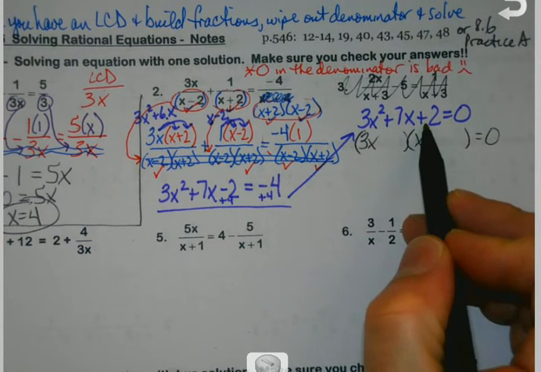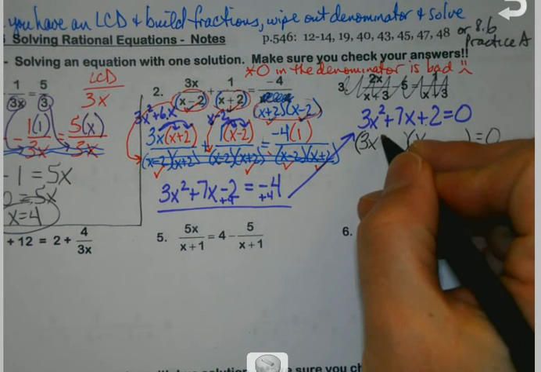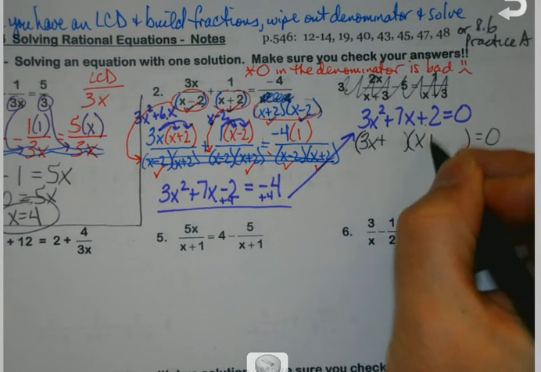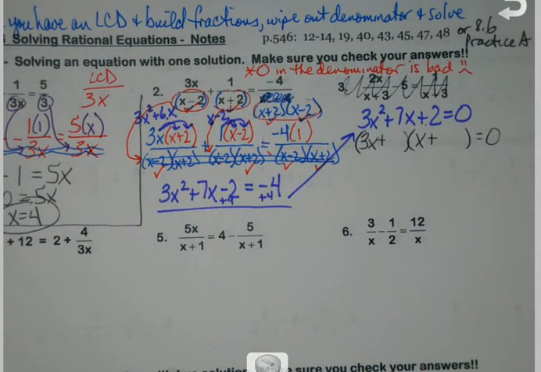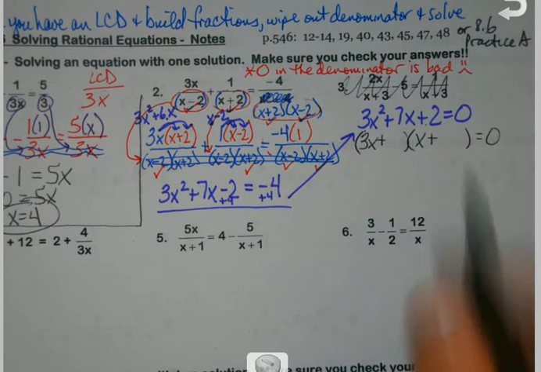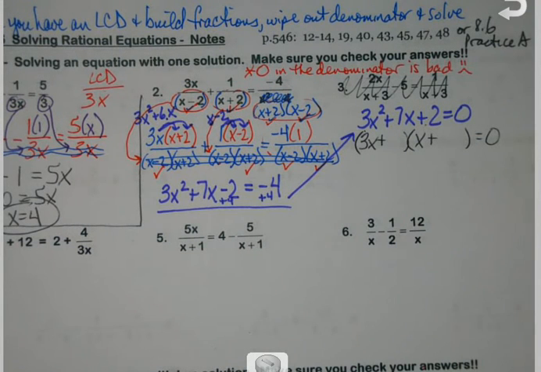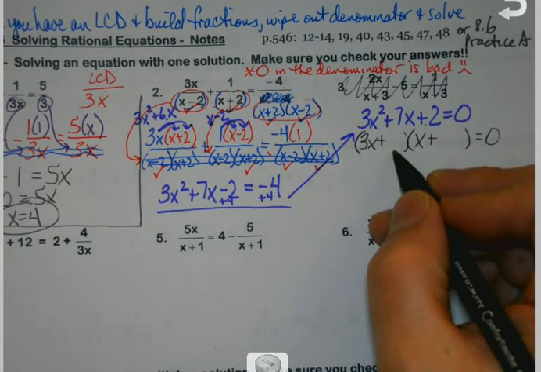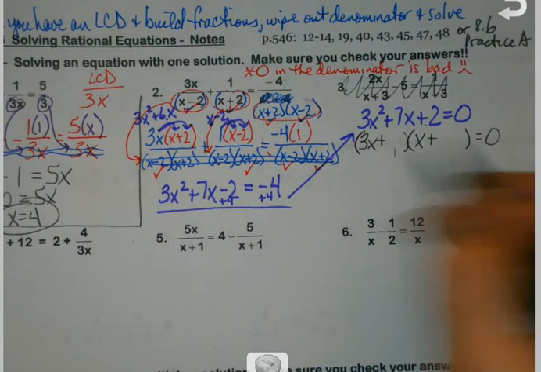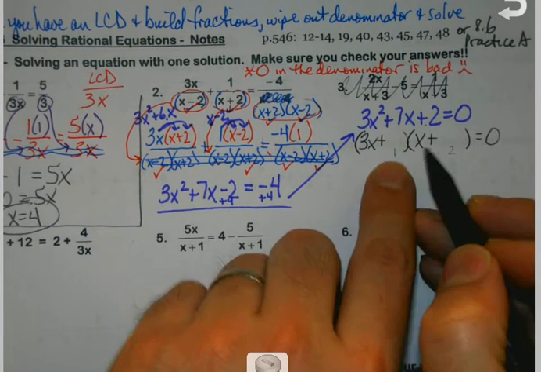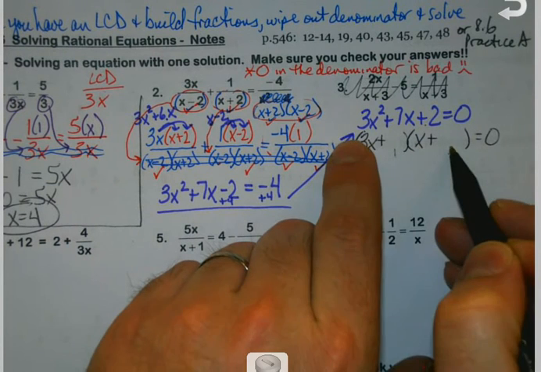I'm going to have my numbers multiply to get positive 2, and I see all pluses, so I know that's plus. So really my only choice now is, how do I multiply numbers to get 2? Well, 2 and 1. Where do I put which? If I put 1 here and 2 here, would that work? 1x and 6x is 7x.